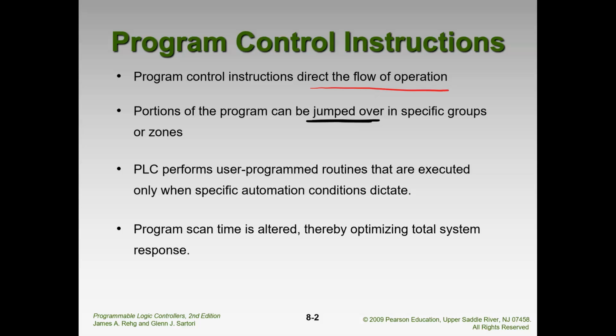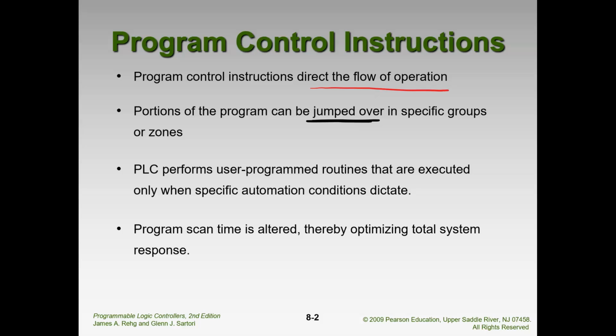When you have a program without any program control instruction, then every rung will be executed, and it will be executed only one time in every single scan. But if you are using program control instructions, then you can use some instructions that let you jump over a specific group of instructions.